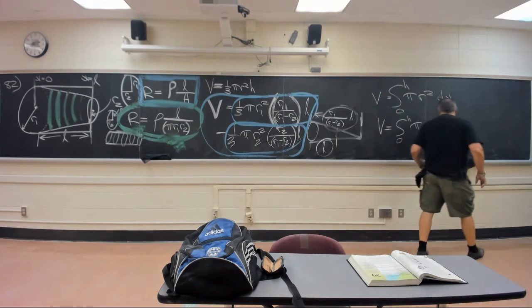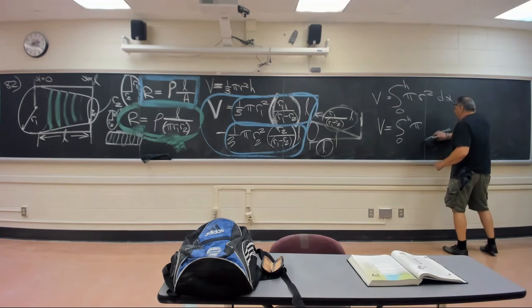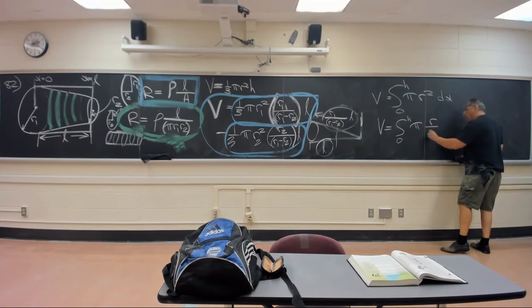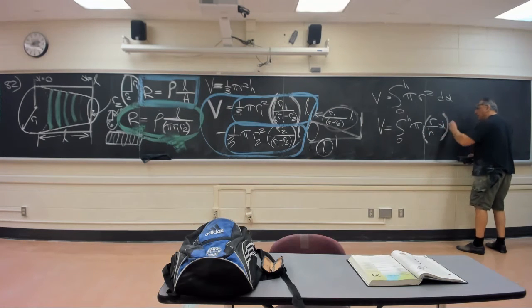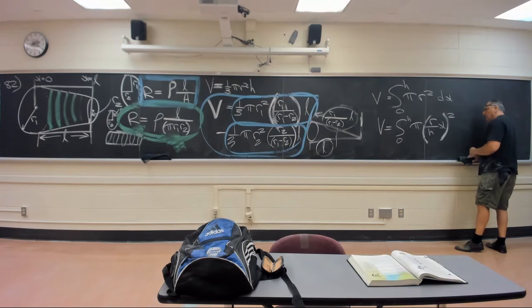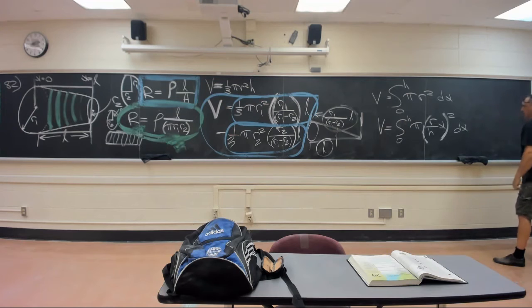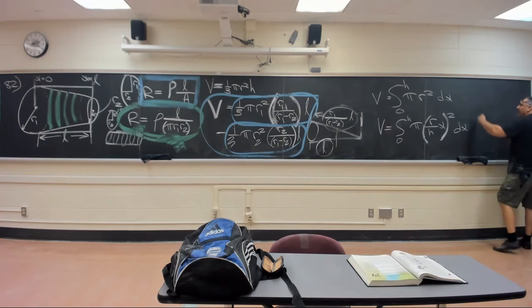But r over h times x, that's the radius, squared, dx. You're going to go from 0 to h. What do you got?